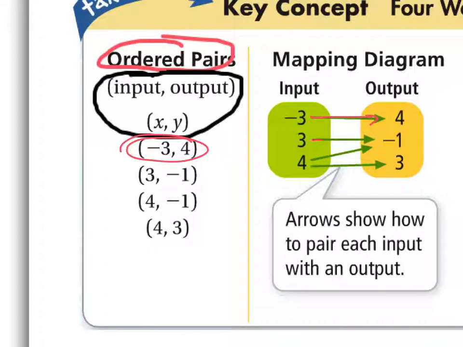Let's see, 3 goes to -1. Okay, 4 goes to -1 and to 3. Why? Because 4 as an x value gives me -1 as a y value and 3 as a y value. Okay, so that's all a mapping is. You're just drawing arrows, basically connecting the ordered pairs. Okay?